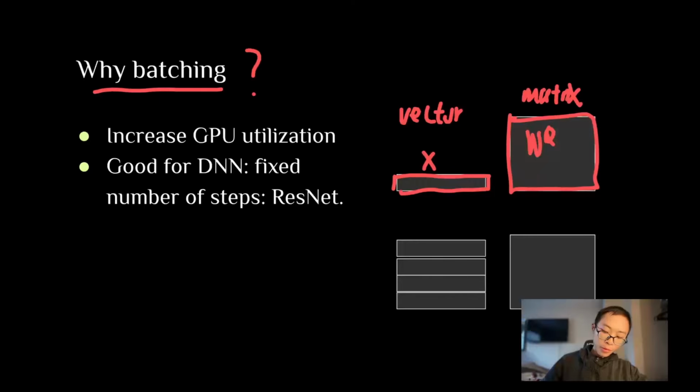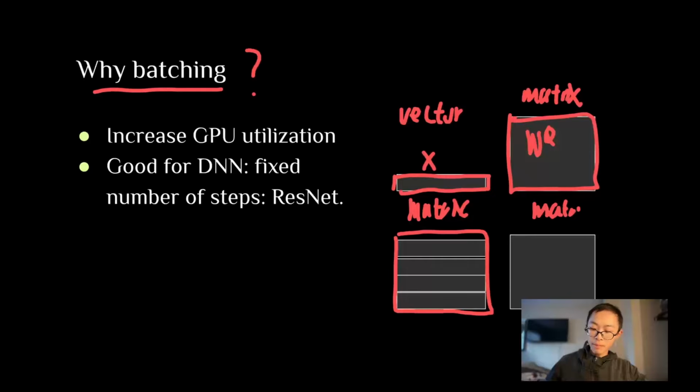Whereas if we group multiple vectors of the same size together, this becomes a matrix multiplication, which the GPU tensor cores like a lot, since they can use the parallel streaming multiprocessors to crunch those together.